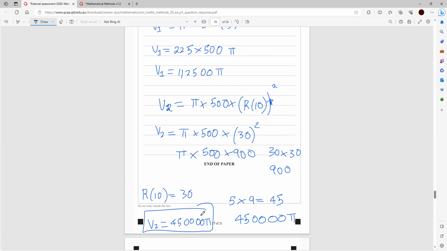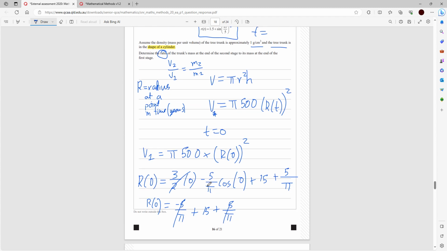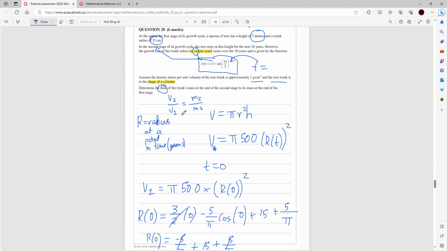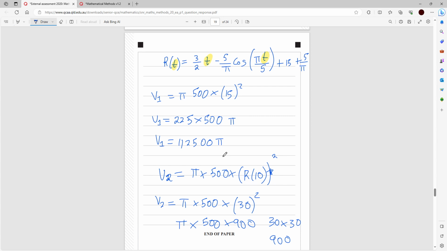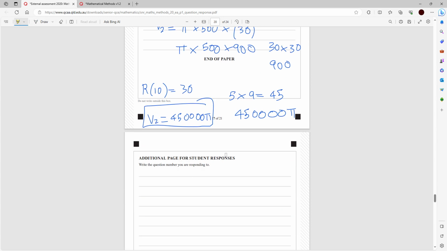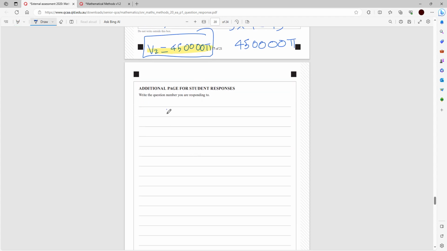Right. So what we're going to do is take those numbers and divide them by each other because we're looking for that ratio. So this is our first number here, and this is our second number here. Okay? So that means volume 2 on volume 1 is the same as mass 2 on mass 1.